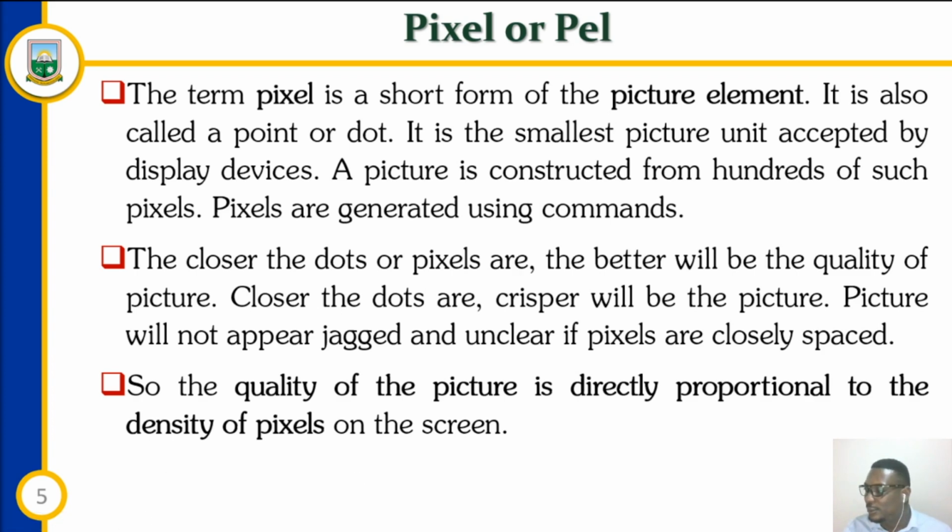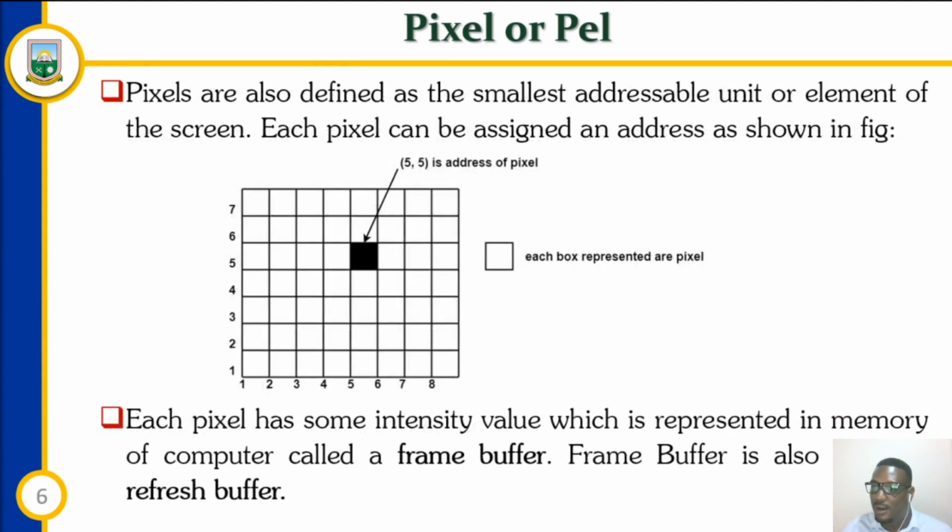Now, a pixel is also termed as a pel. Pixels are also defined as the smallest addressable unit or element of the screen. So each pixel has some sort of intensity value, which is represented in the memory of the computer.